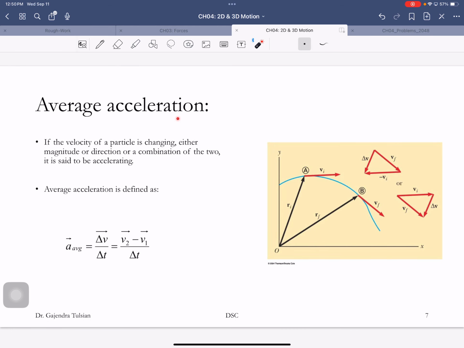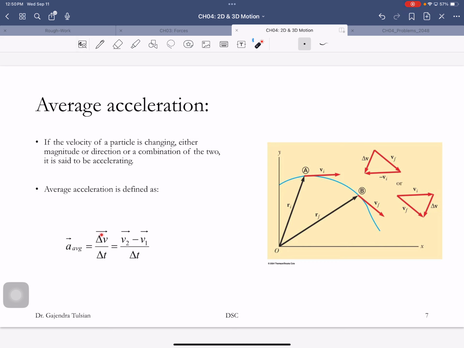When do you accelerate? When your velocity changes, you're accelerating. Average acceleration is defined as change in velocity divided by change in time. For this trajectory, there's the initial velocity, and initial velocity plus change in velocity is the final velocity. There was the change in velocity.